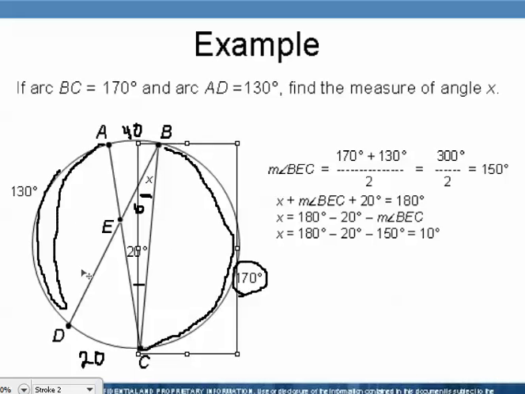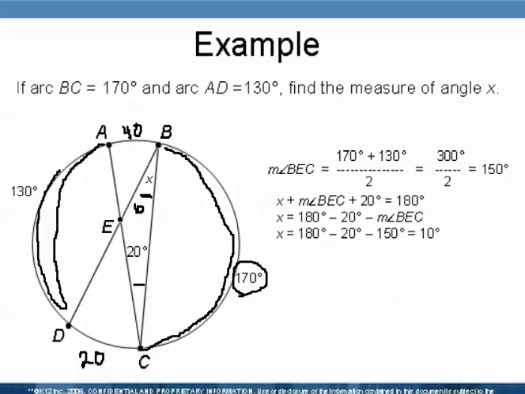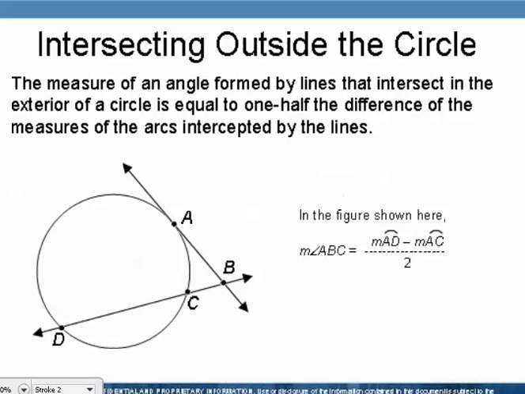So they did it a slightly different way than I did. It doesn't mean it's the wrong way. It just means it's a slightly different way. I used an inscribed angle to find mine, getting this 40 degrees up here, and got the same number that they did. I got 10 degrees for my angle. Does everyone see how that can be done? A couple different ways of doing that.